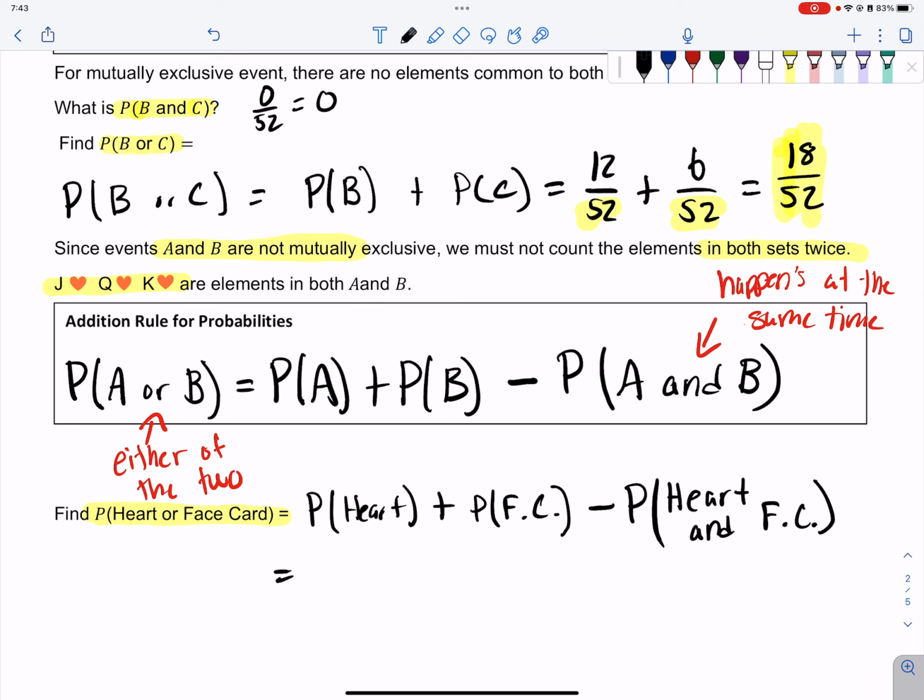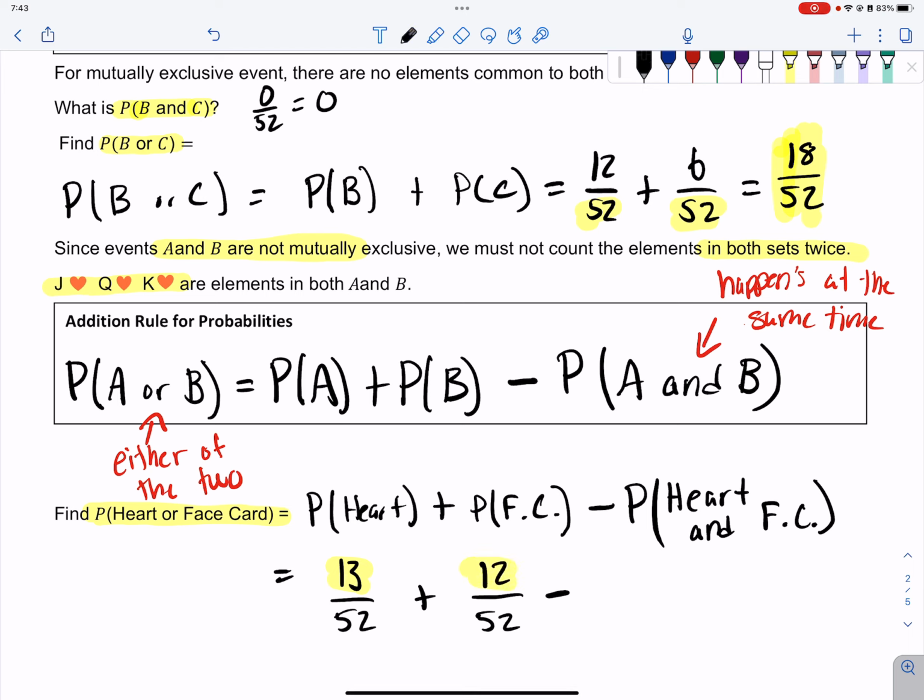Now our probability of getting a heart, well, we have 13 out of the 52 cards in our deck that are hearts, plus our probability of getting a face card. And we have 12 face cards out of the 52. And then we need to subtract those that were counted twice. The Jack, Queen, and Kings of Hearts are counted in both the 13 and the 12.